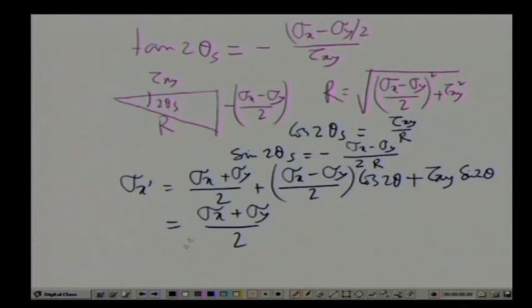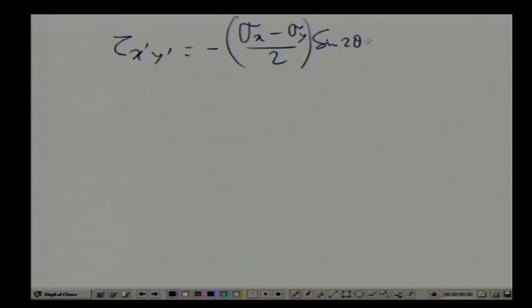Also, we have seen the value of shear stress tau x dashed y dashed equals minus sigma x minus sigma y by 2 sin 2 theta plus tau x y cos 2 theta.